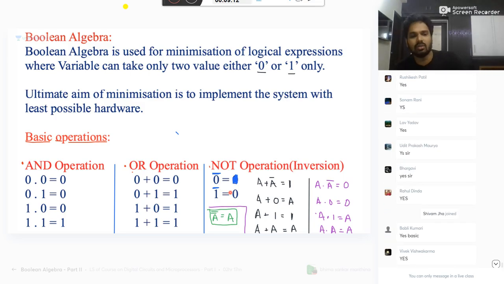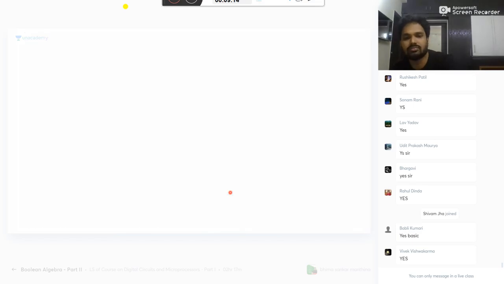In Boolean algebra, I want to give you one point. AB equal to AC. Then what is the relation I can draw from AB equal to AC?